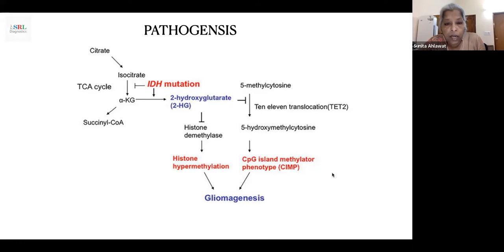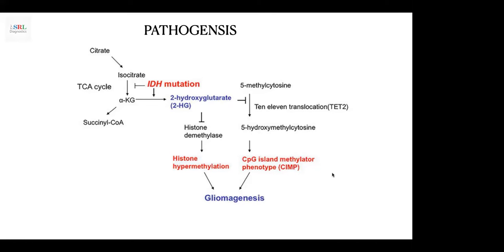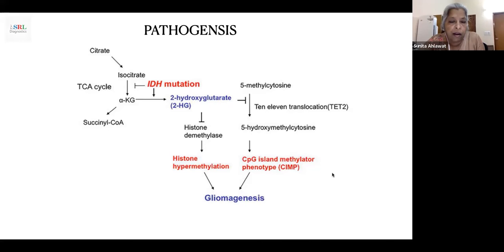As a result, when the differentiation of cells stops, they remain in a primitive state. They acquire a stem cell like state, and these cells have a capacity of self-renewal, and they proliferate and cause tumor formation.